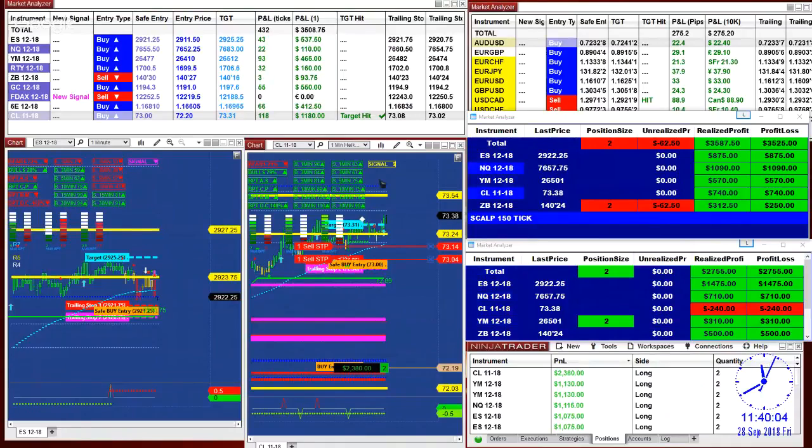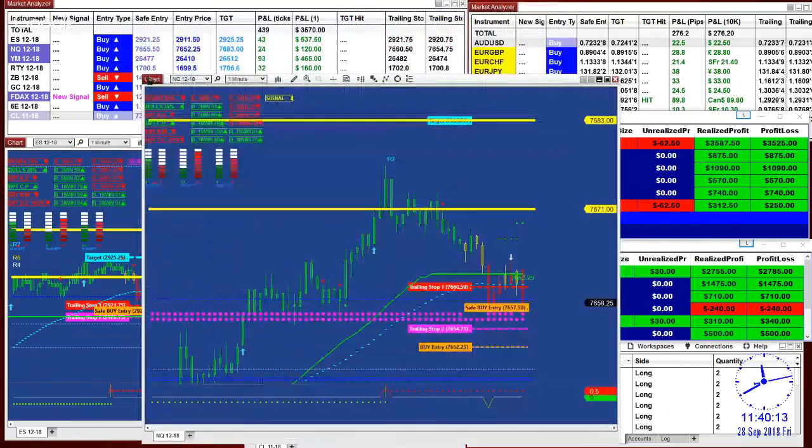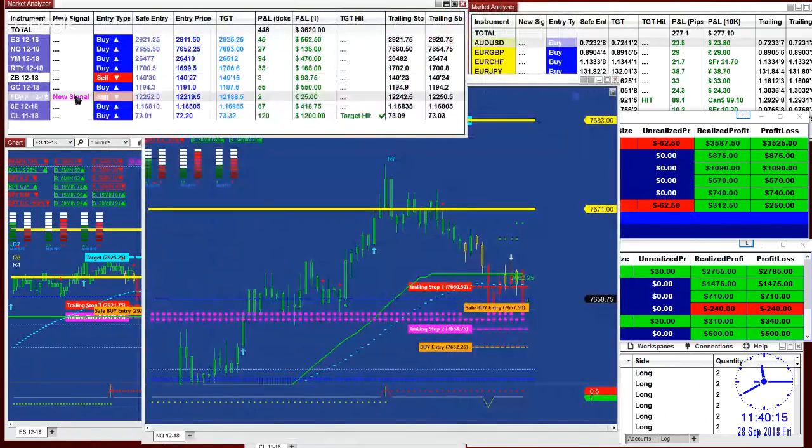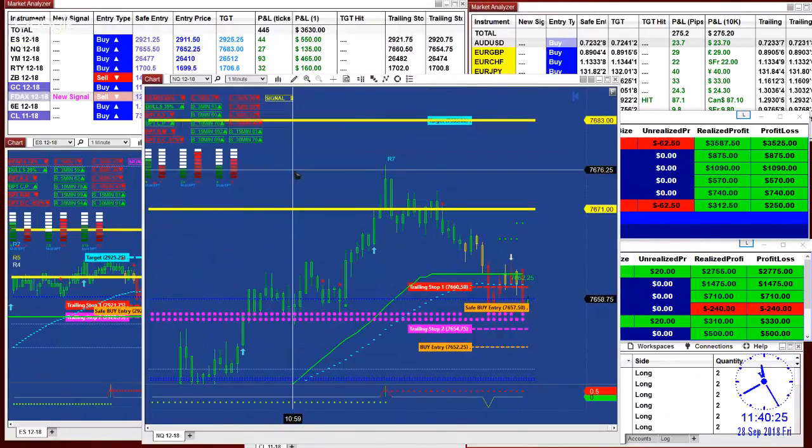When the auto trade takes the entry signal, we have a new signal on the DAX. I don't know if anybody wants to trade DAX on Friday noon, but this is the entry on the DAX, 219.5, exit 219 level.